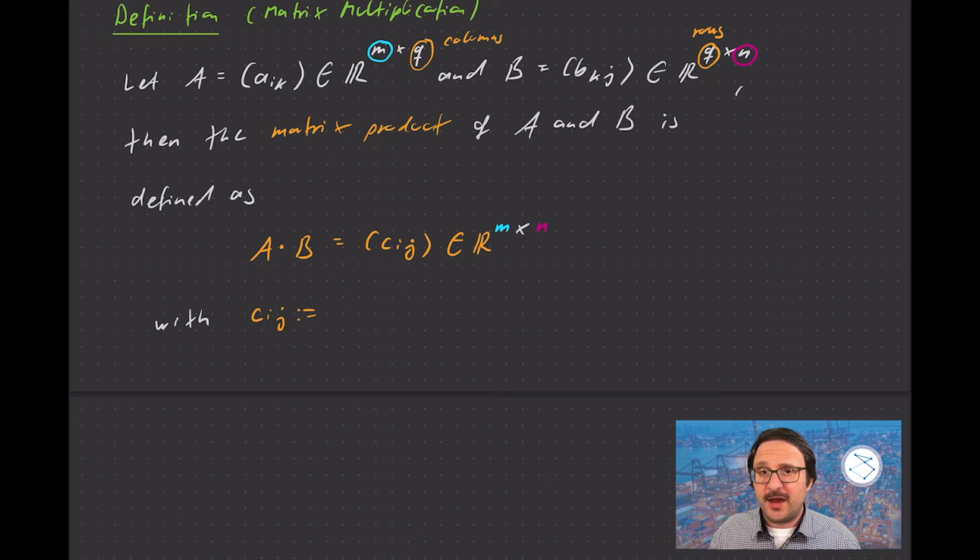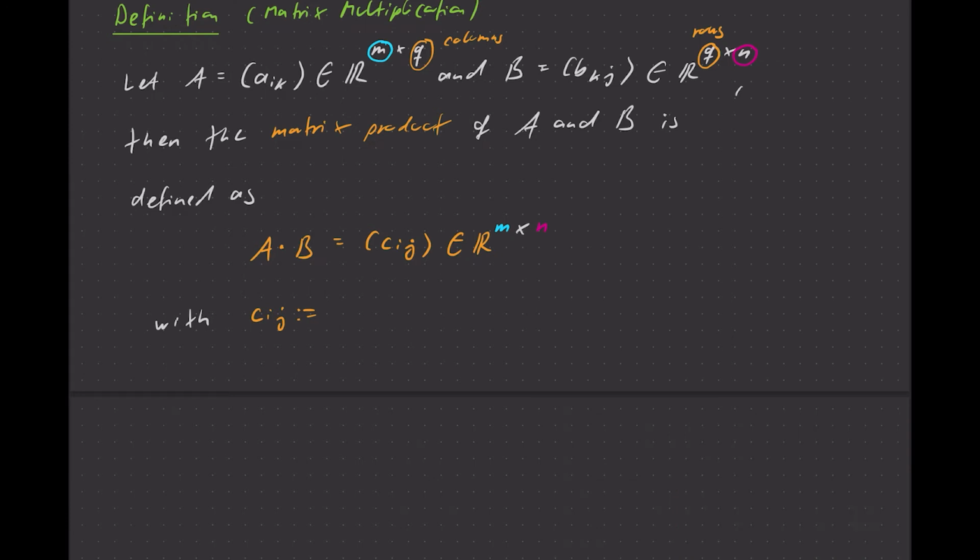And it's going to be in the ith row, so that is produced by taking the ith row of A. And we need to, again, multiply these two together by multiplying them component-wise and then adding up the results.